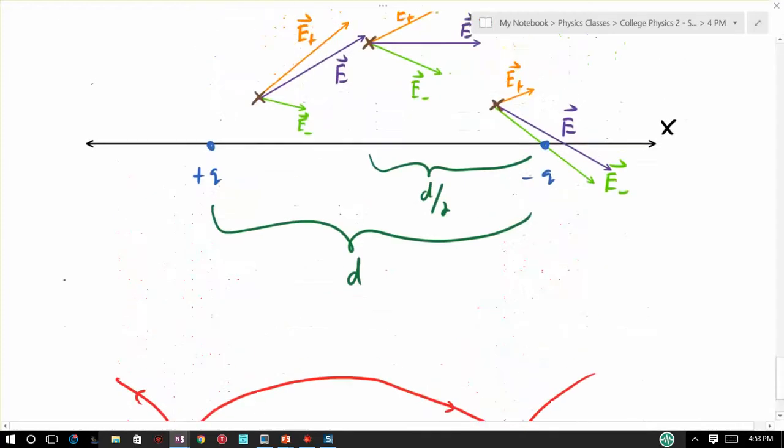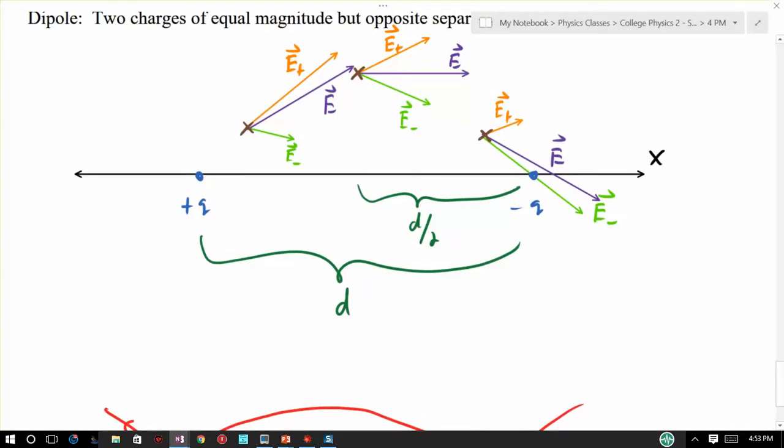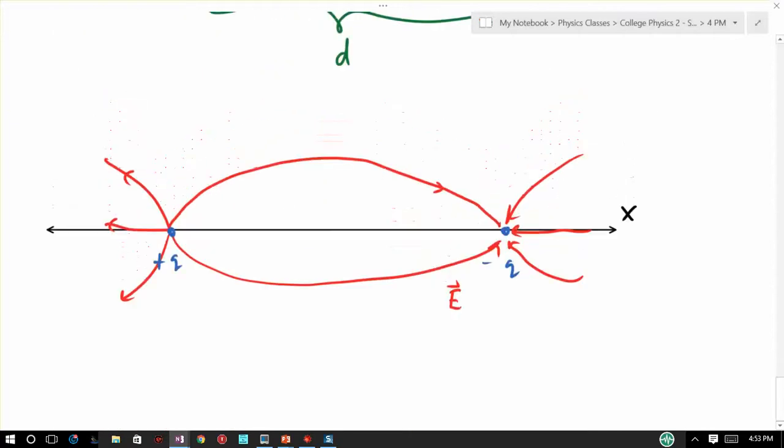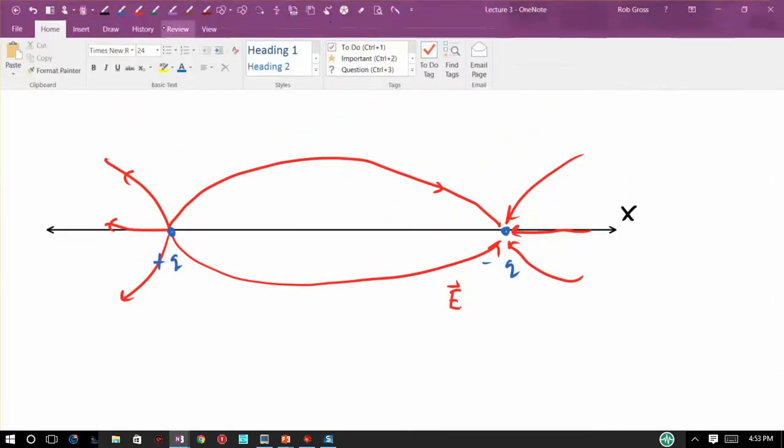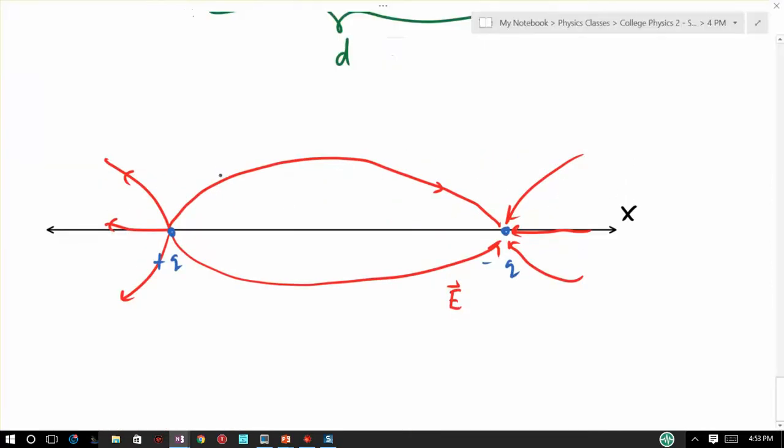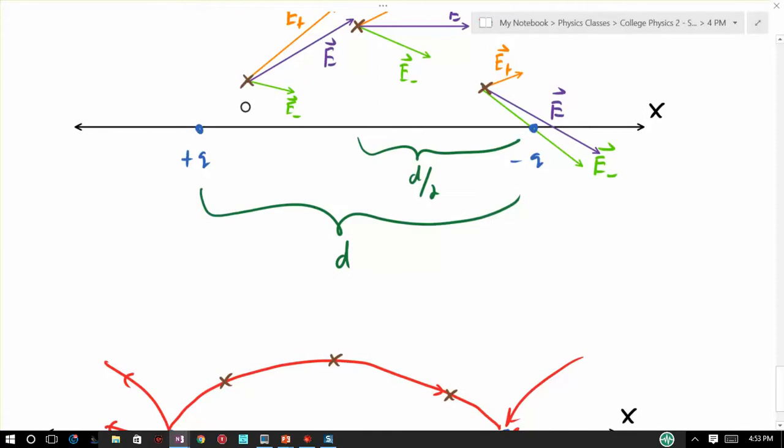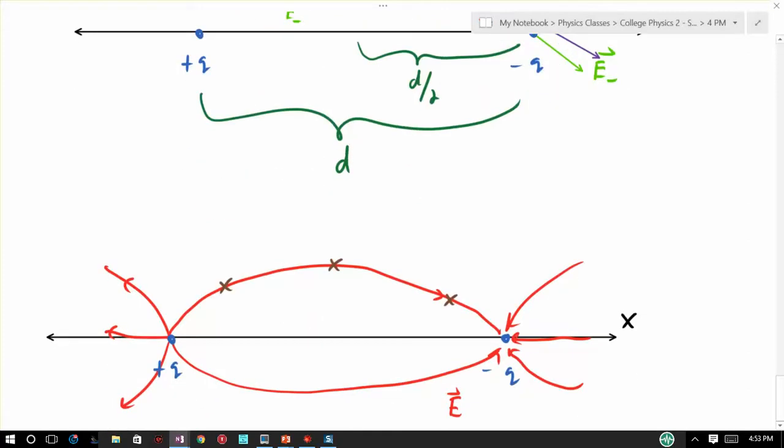If you look here, we measured a point. We figured out what the field is at this point, and this point, which correspond to these points on this field line here. So this point in the middle, and this point over here. These vectors that we found are basically tangent to these lines. What I mean by that is this.